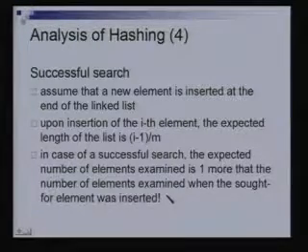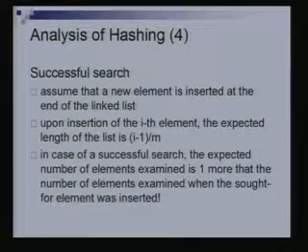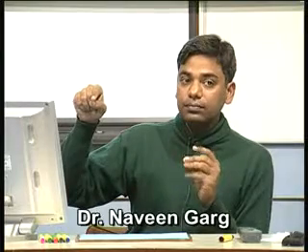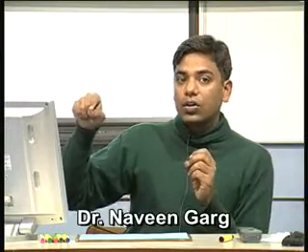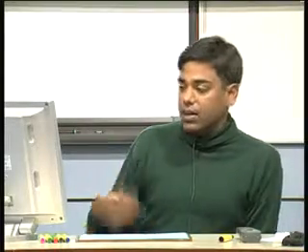When the 10th element was inserted, I equals 10, let's say, then I went through the linked list in which the element was inserted and appended, let's say, that element at the very end. So, I had to still compare that element with all the various elements. So, it's the same as saying that the number of comparisons I have done is one more than the number of comparisons I would have done in an unsuccessful search.